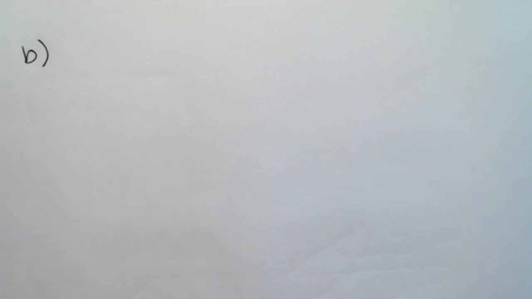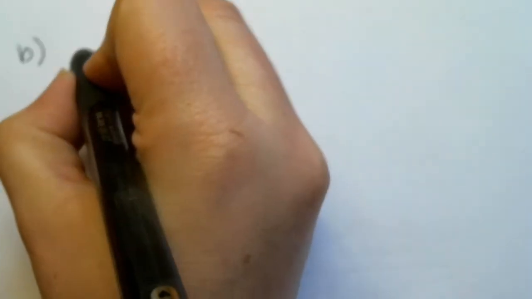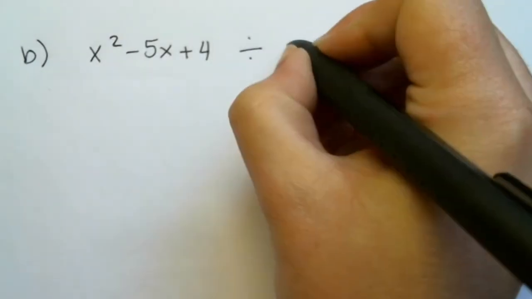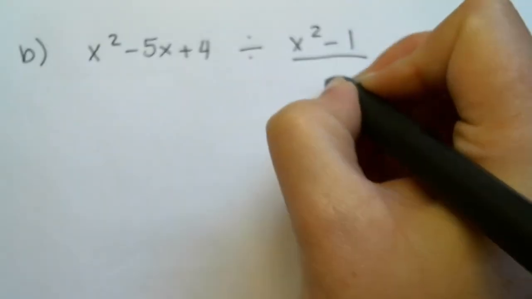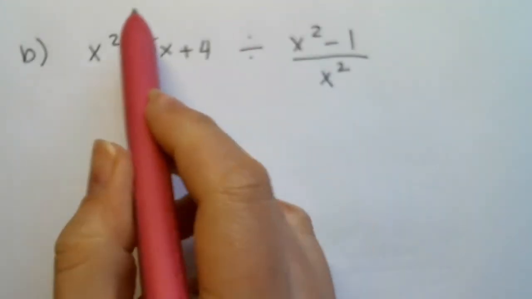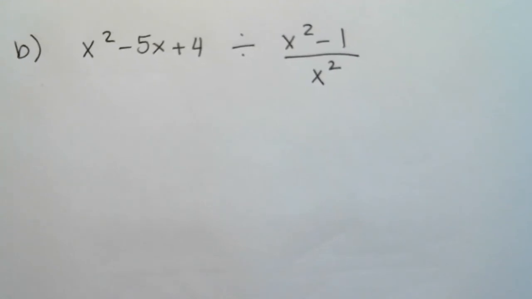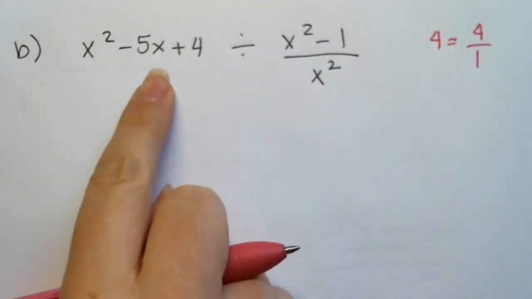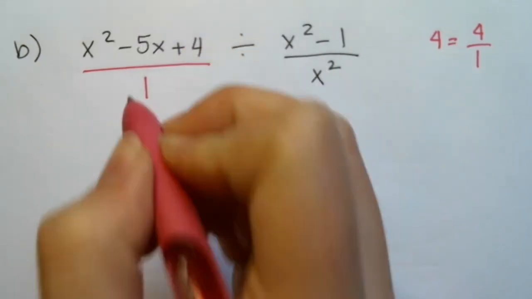All right, let's look at another example with division. Okay, so I wanted to remind you that when you have something like this that doesn't have a denominator, just like 4 is the same as 4 over 1, this, which is the analogous of a whole number, you can always put this over 1.